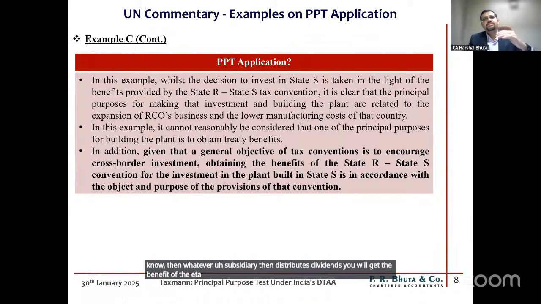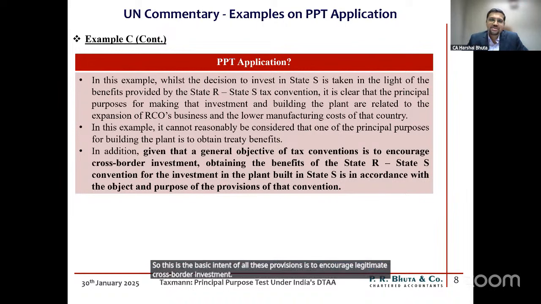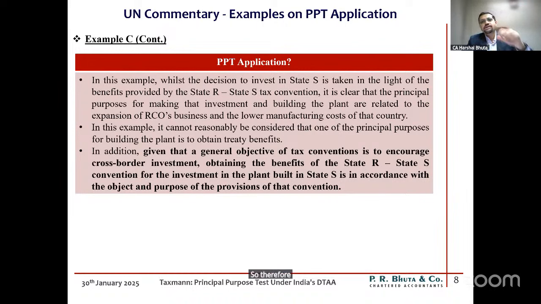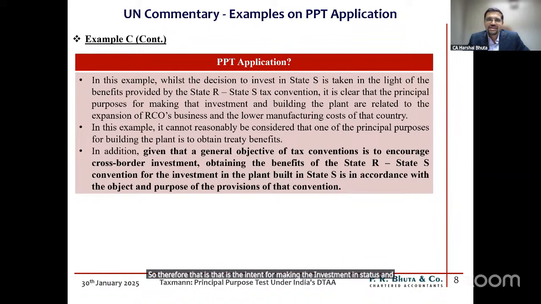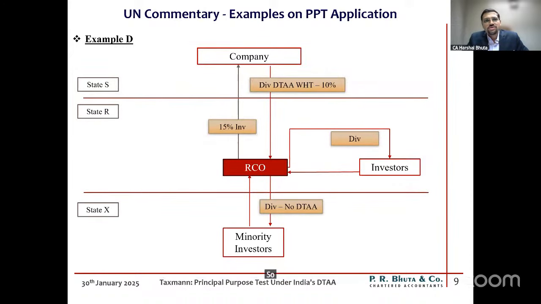So this is the basic intent of all these provisions: to encourage legitimate cross-border investment. Therefore, that is the intent for making the investment in state S, and not the tax treaty. The tax treaty itself is for encouraging cross-border trade. So that is the conclusion of example C.